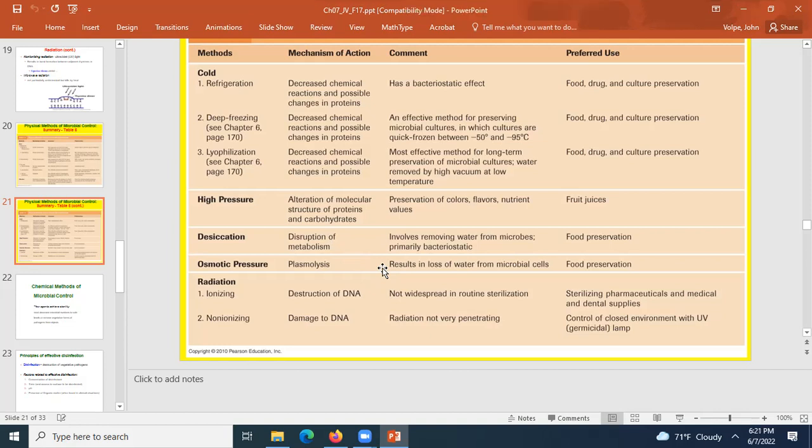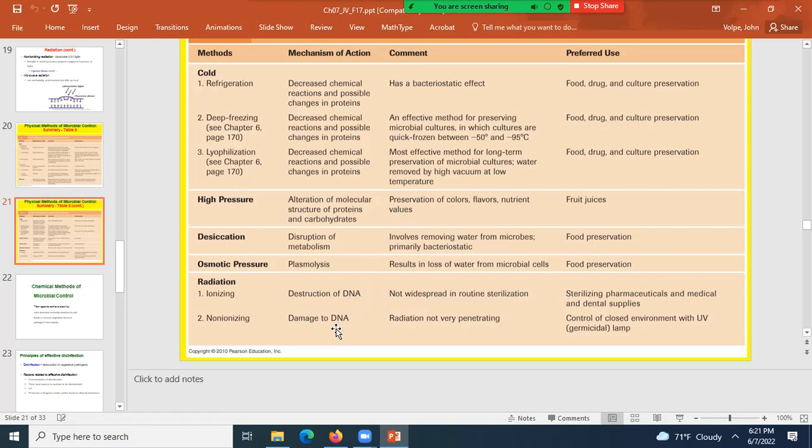And then radiation, ionizing and non-ionizing radiation both damage DNA, although they do it differently. Ionizing radiation causes an electron to leave a molecule, and then that molecule can bump into DNA, damaging the DNA, or the ionizing radiation can hit the DNA and cause the DNA itself to lose the electron.